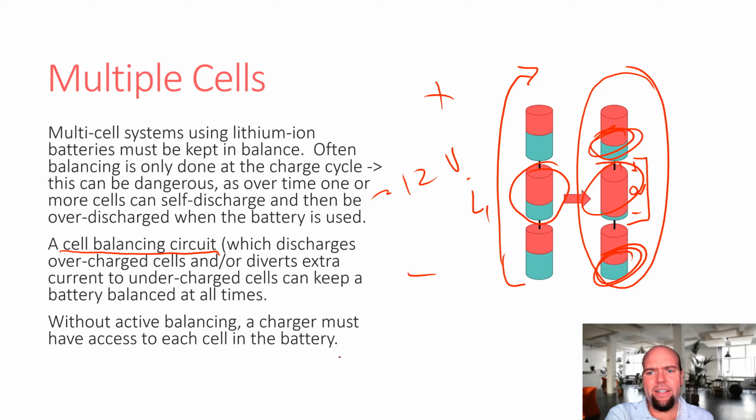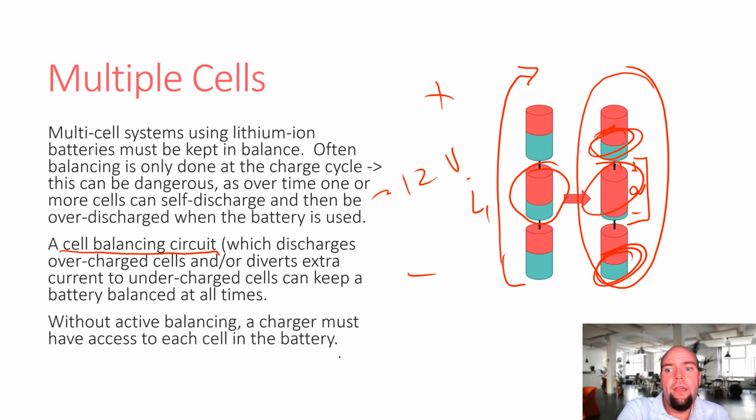What causes this imbalance? A lot of students just say, well, they're all the same cell in series, can't we just assume they're all going to behave the same? You cannot, because a lot of what causes these imbalances is self-discharge. Tiny, microscopic, angstrom-level defects in a battery can cause internal current flow, which can cause a battery to discharge itself, and each cell is going to discharge at a different rate.